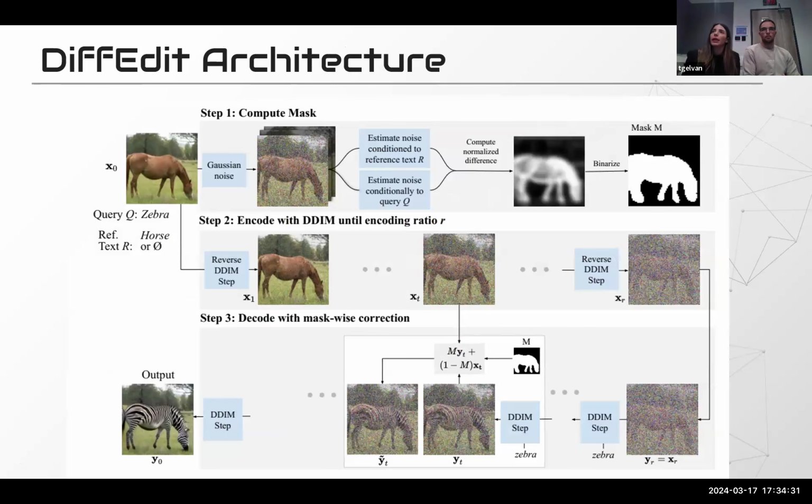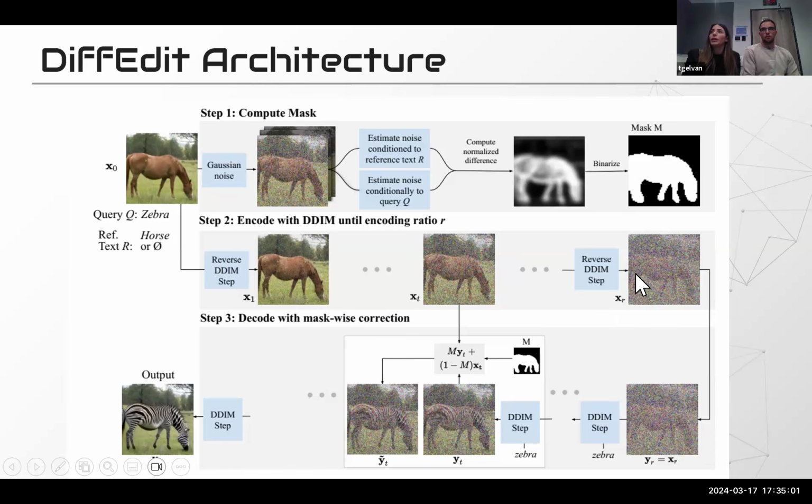So here we can see the top view of the whole architecture. As we saw, we have the input image, we have a query, a reference text. We compute the mask using the injection of different Gaussian noises. We compute the normalized difference. We have the mask M. Then we do the encoding using the new procedure called the reverse DDIM step.